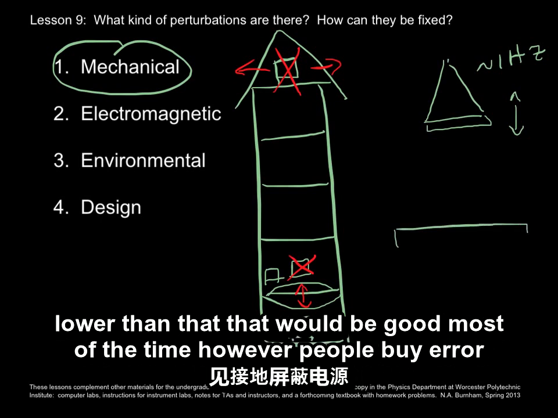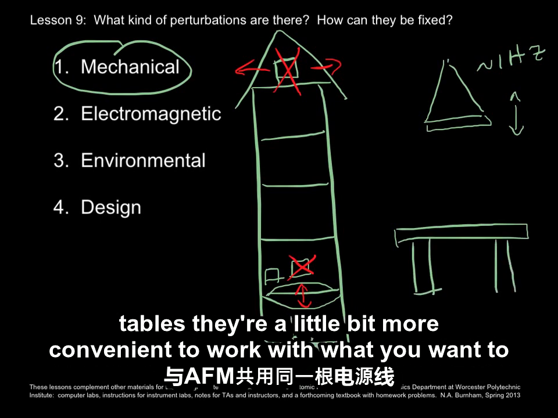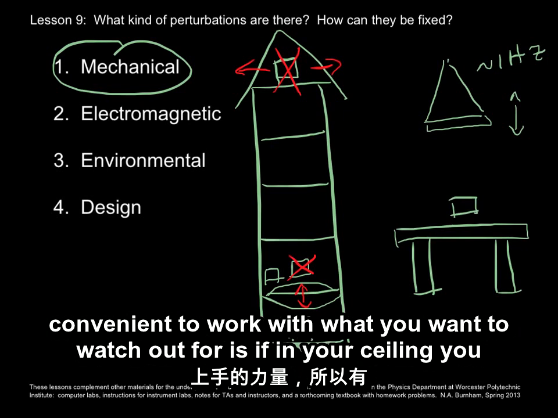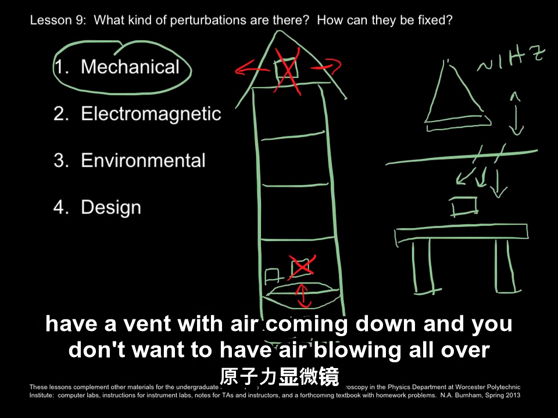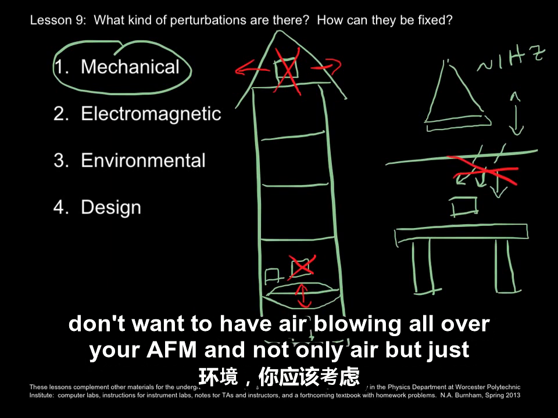Most of the time, however, people buy air tables. They're a little bit more convenient to work with. What you want to watch out for is if in your ceiling you have a vent with air coming down, and you don't want to have air blowing all over your AFM.